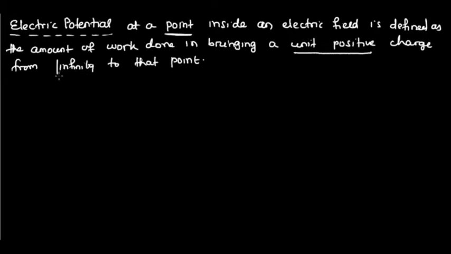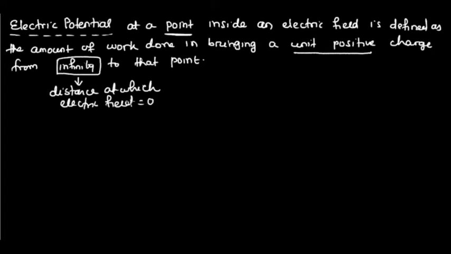What is the meaning of infinity? Infinity means the distance at which the electric field is 0. Remember that infinity refers to the distance at which the electric field is 0.